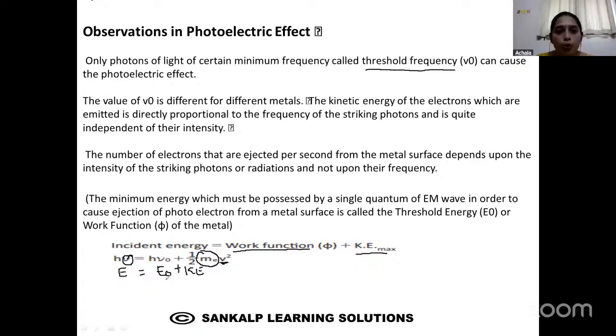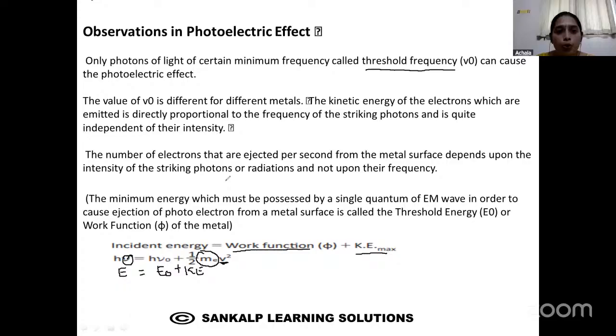The number of electrons ejected per second from the metal surface depends on the number of photons striking the metal surface. The intensity of the striking photons is nothing but the brightness of the light.